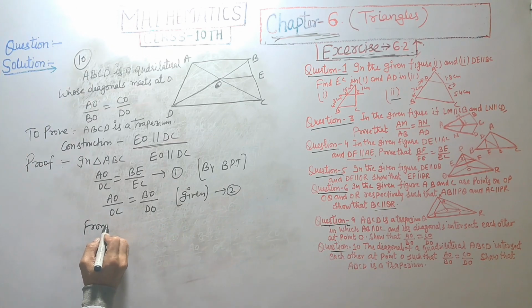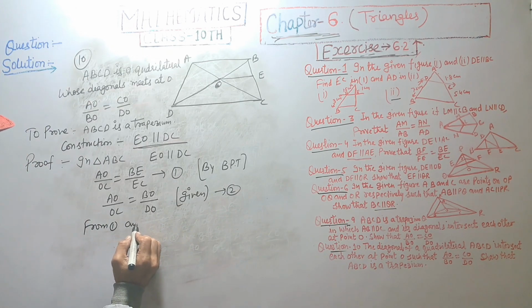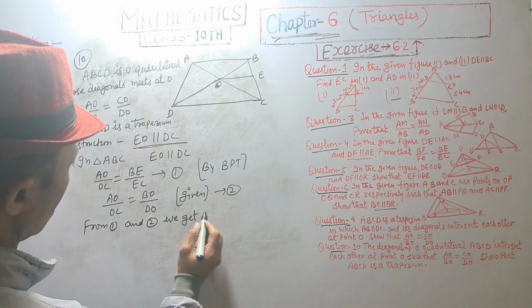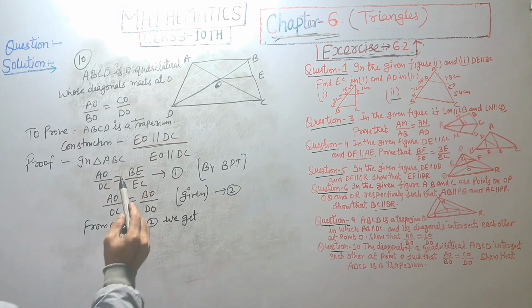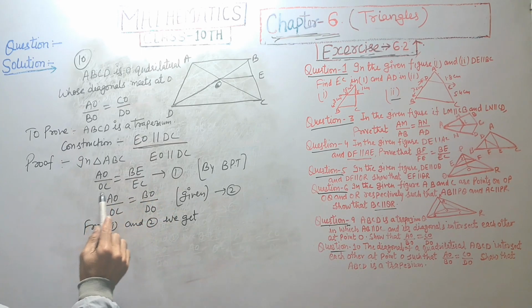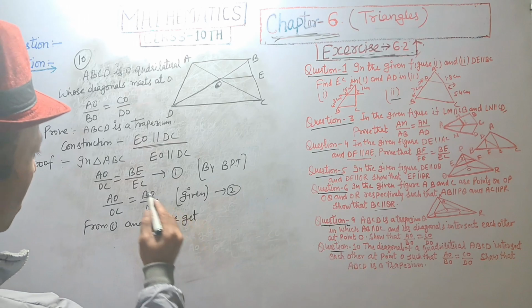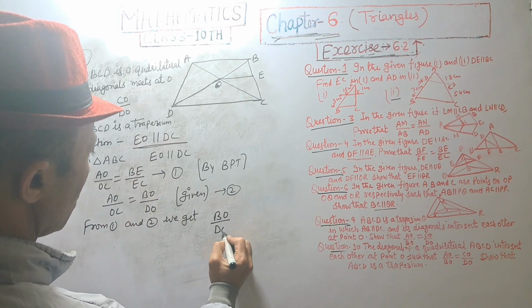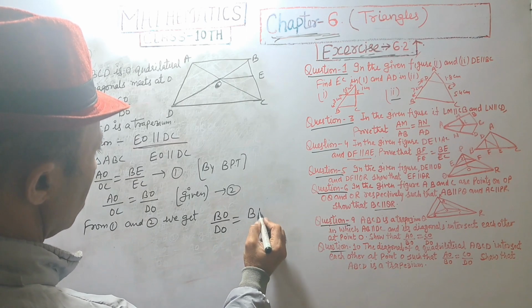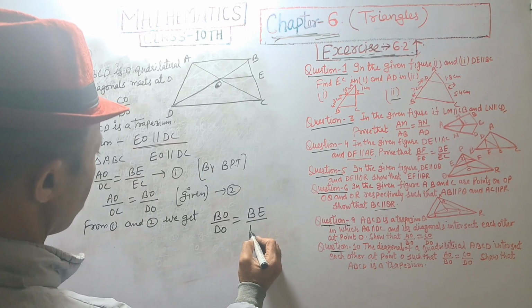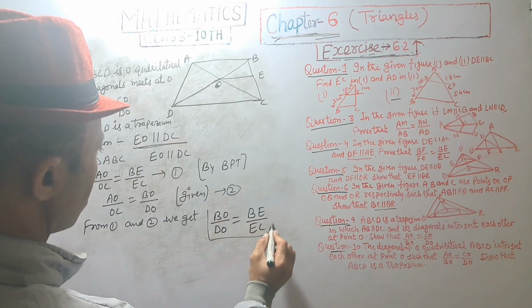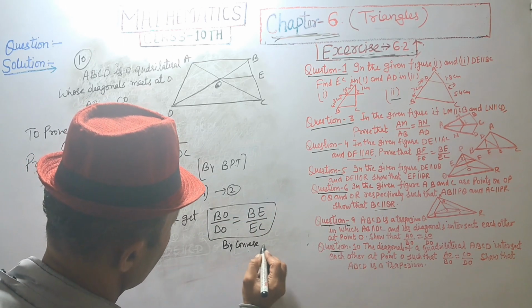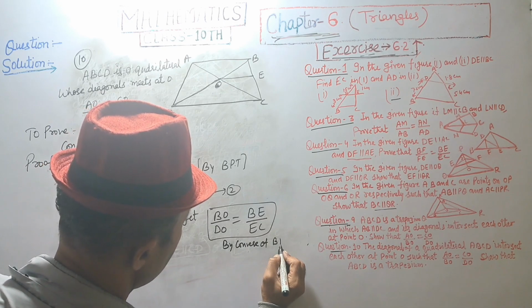From first and second equation we get AO upon OC is equal to BE upon EC, BO upon DO is equal to BE upon EC, by converse of BPT.